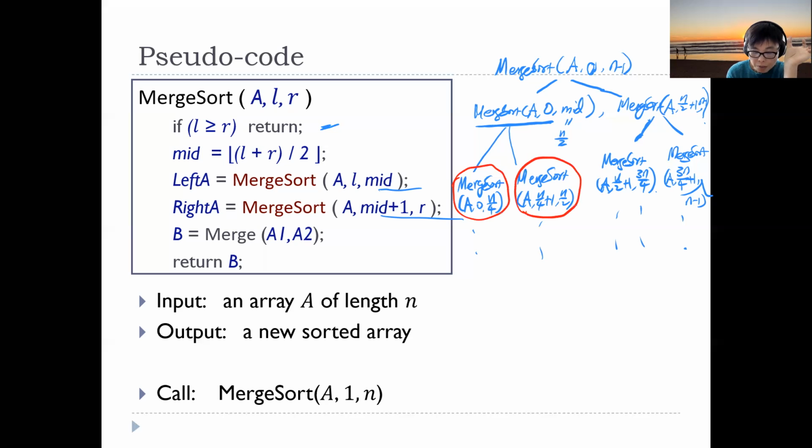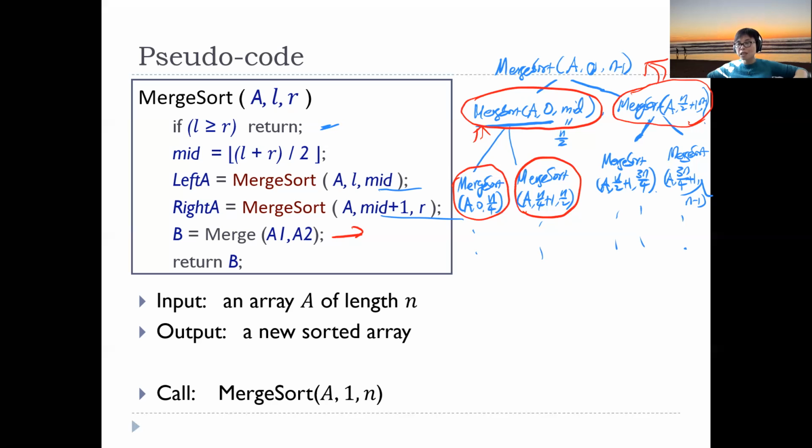This merge procedure will then merge these two to give us a sorted subarray of the first half. The same on this side. After we get the sorted second half, when we perform merge, that gives us the entire sorted array. Okay, so this is how the algorithm works.